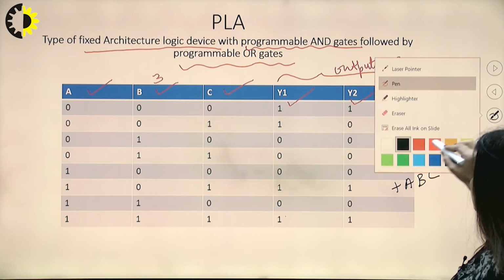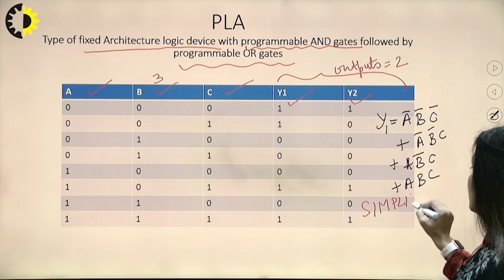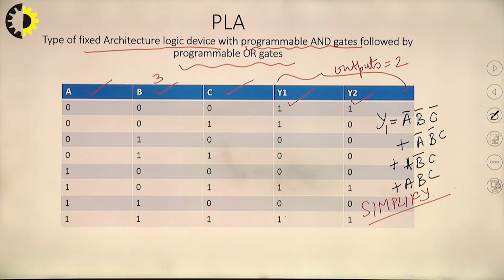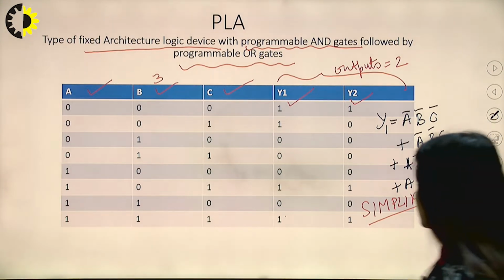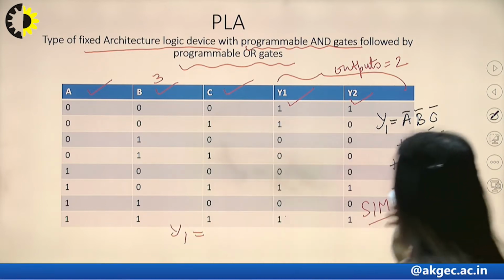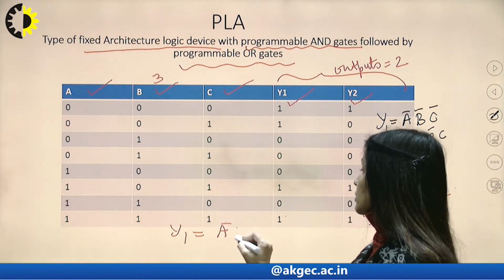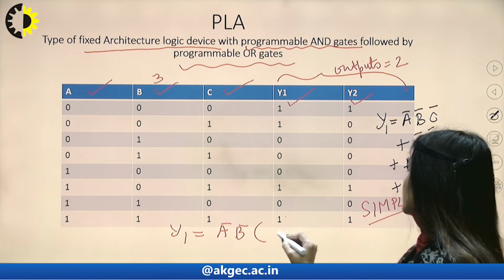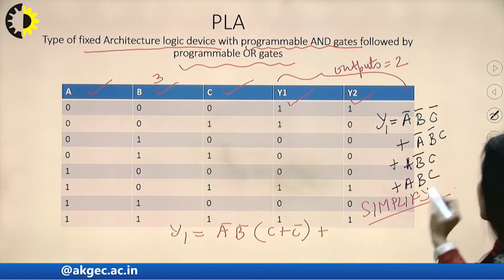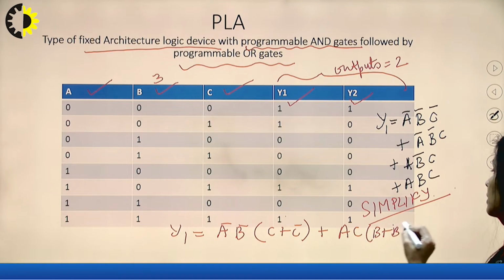The next step is to simplify this expression. Okay, first of all we need to simplify this expression. So here Y1 will be equal to A bar, B bar, we will take common from the first two and we will get C plus C bar, which is equal to 1, and here AC will be common and B plus B bar will be coming out.